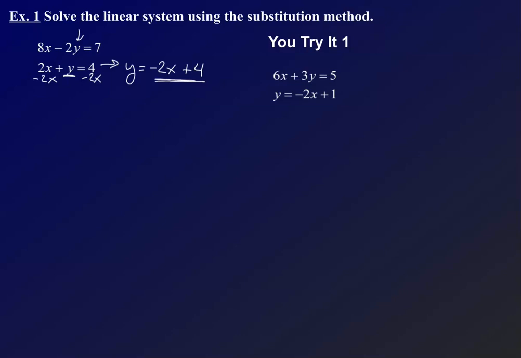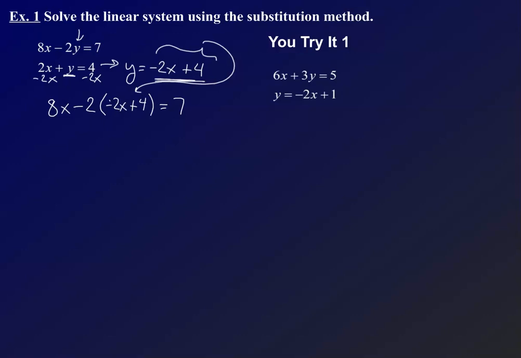So I'm going to rewrite my first equation. 8x minus 2, and instead of y, I'm going to leave space here, equals 7. And in that space with the parentheses, I'm going to put what we found over here. So we get negative 2x plus 4.